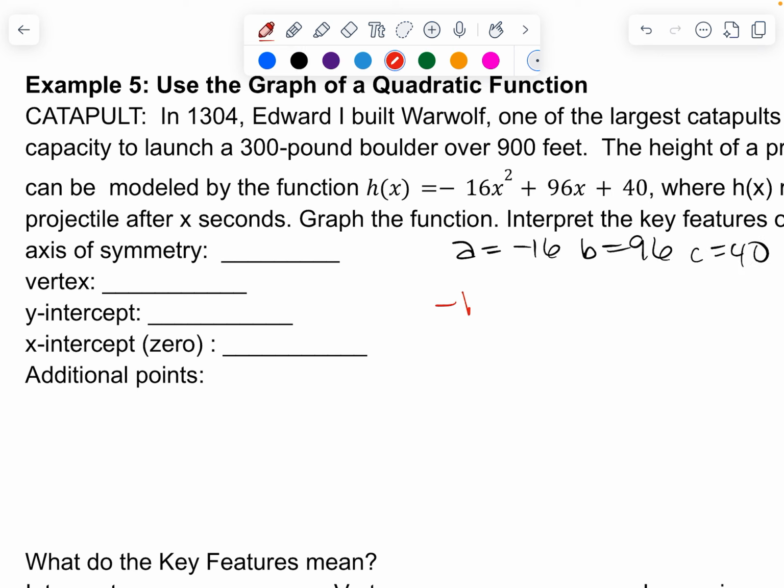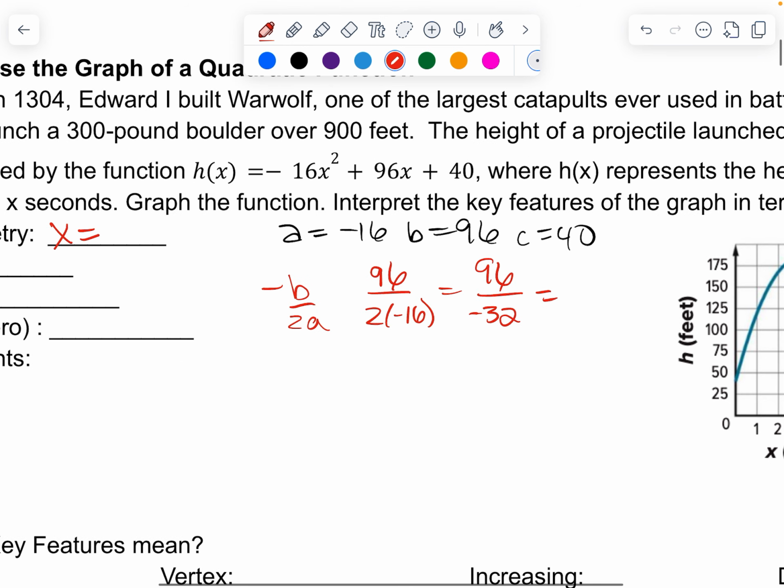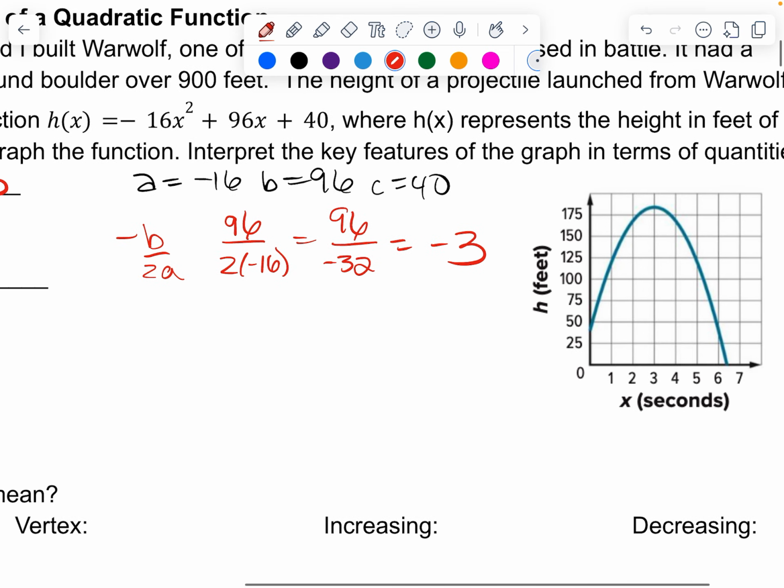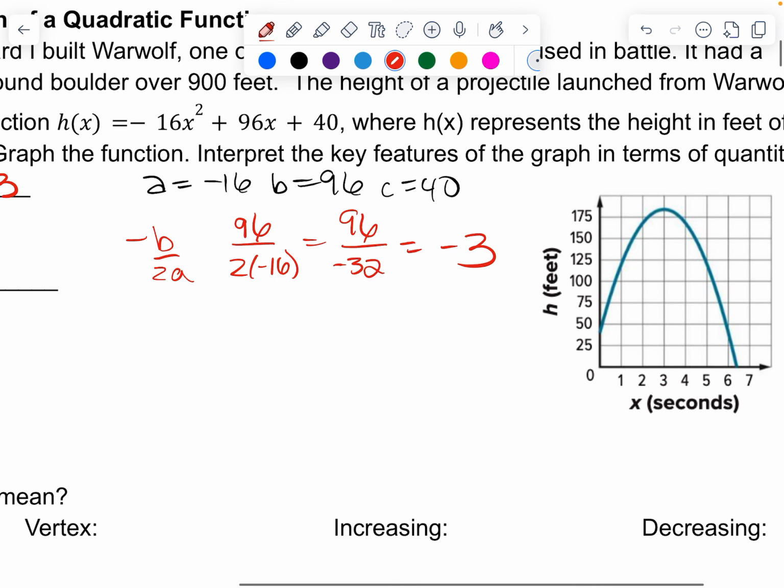So negative B over 2A, so x equals 96 over 2 times -16. So that'll be 96 over -32, which will be -3. Oh, I forgot the negative for the negative b.